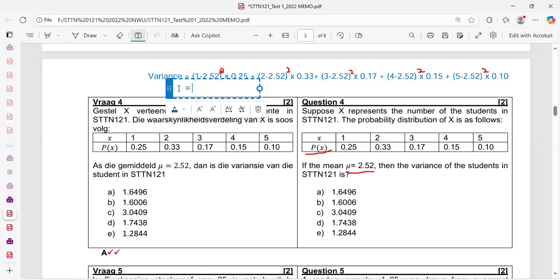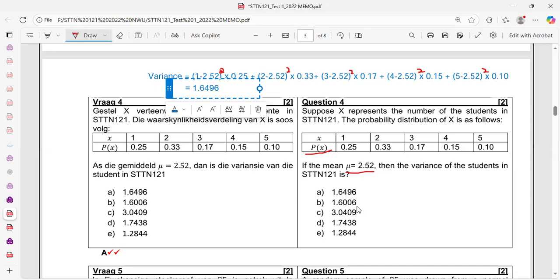And then plus 2 minus 2.52 squared multiplied by 0.33, plus 3 minus 2.52 squared multiplied by 0.17, plus 4 minus 2.52 squared multiplied by 0.15, plus 5 minus 2.52 squared multiplied by 0.10, and then the answer is 1.6496.